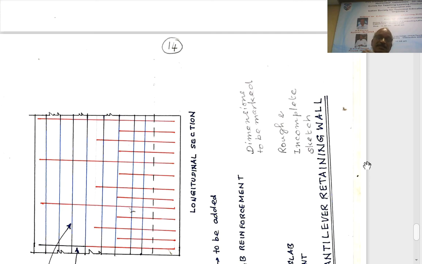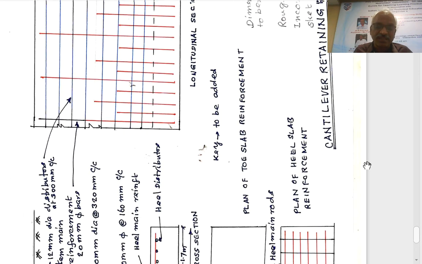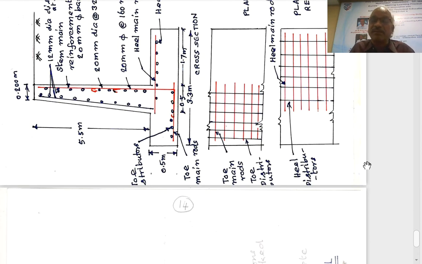What appears as a line there will appear as dots here, and what appears as dots in the cross section will appear as a line here. Those things are not shown, and also the key slab reinforcements are not shown. So that completes the design of a cantilever retaining wall.